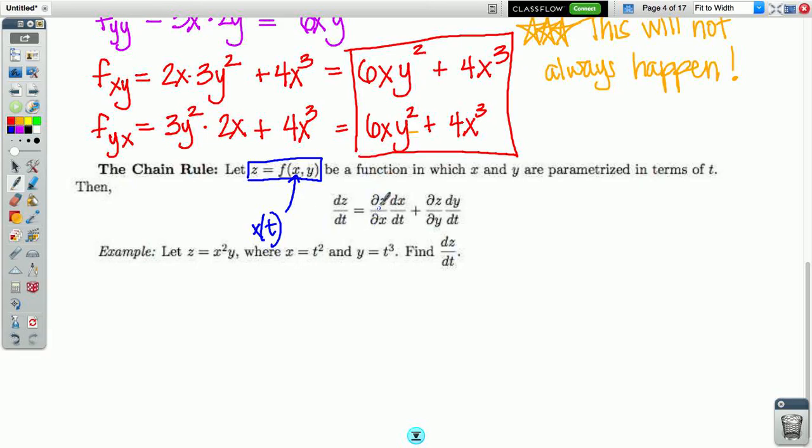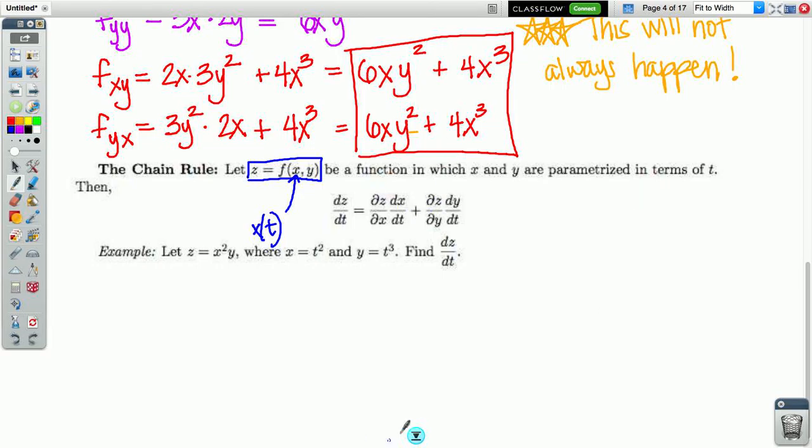So it basically says just first differentiate this whole thing with respect to x and use the regular old chain rule. So when you differentiate with respect to x, you should also then multiply by the derivative of the inside function. So multiply by the derivative of x with respect to t. And then go through and do the same thing again, but with respect to the other variable. So this is actually really, really friendly.